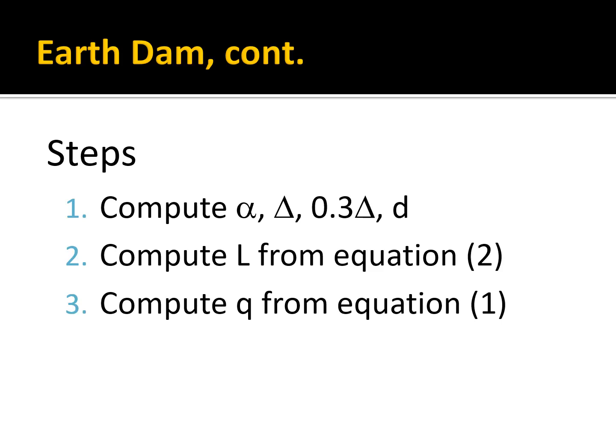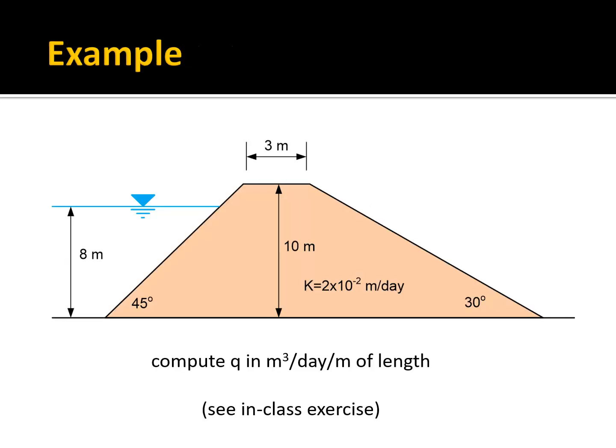You just plug in your slopes and your height and your width at the top, and you can immediately calculate Q. So if you're dealing with a simple levee or a dam, or some trapezoidal shape, and you want to quickly estimate the flow, this is a great way to do it.